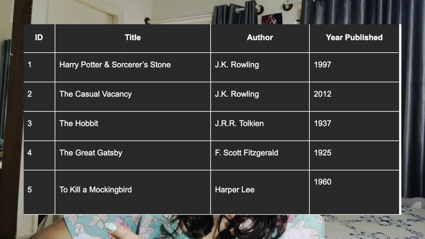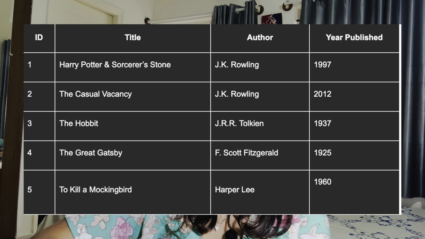So think of SQL as a librarian's language for databases, and it helps you query or ask for the exact information you need. Now let's look into those tables, or those shelves in the library. Each table in a database is like one specific shelf in our library. For example, imagine a books table with columns like title, author, and year published.